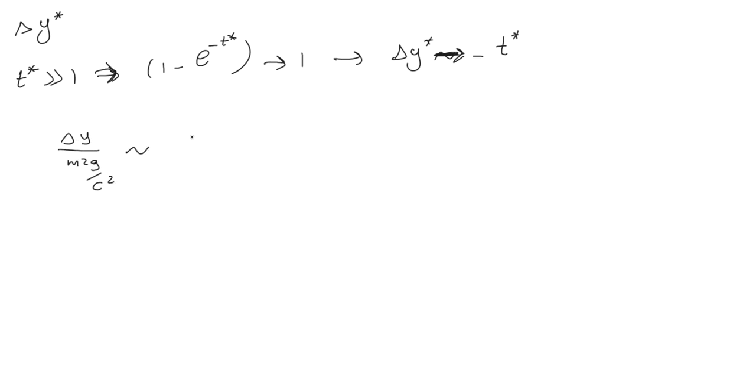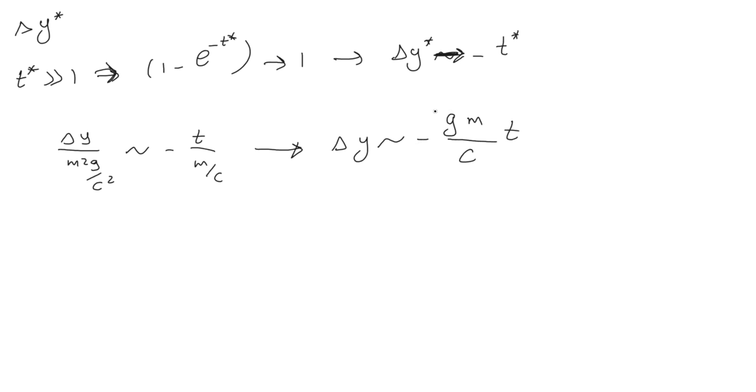And then minus t star, we can write it as minus t over tau, and tau is m over c, right? Therefore, when you simplify it, it will be y over minus g m c over t.